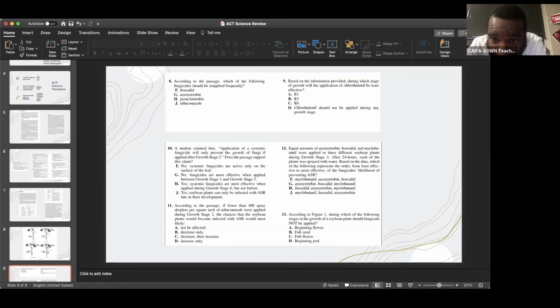After 24 hours, each plant was sprayed with water. Based on the data, which of the following represents the order from least effective to most effective of the fungicides at preventing ASR? So what is our answer for? Oh, I'm sorry, I skipped to number 12. Number 10.